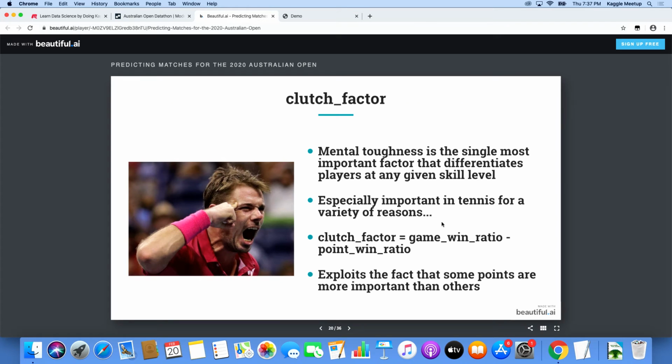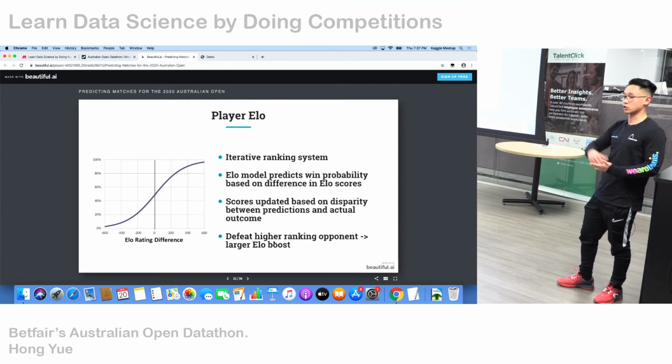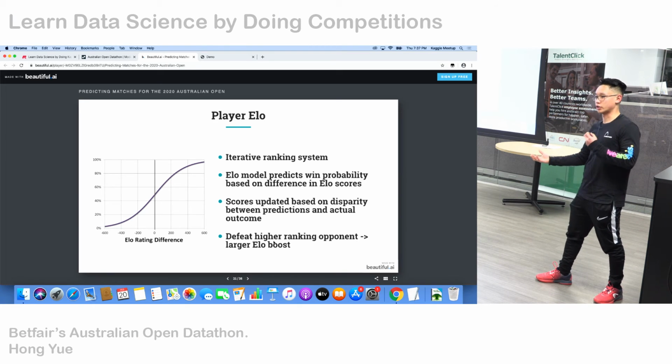So that's that. And then player elo. This one is actually the most powerful feature, at least I found. I'm sure you've heard of this before. It's originally used for chess rating systems. If you play League of Legends or Dota, you'll probably come across this as well. It's an iterative ranking system: if you win a match, your ranking goes up, and if you lose a match, your ranking goes down, and the magnitude by which it goes up depends on the difference in scores.